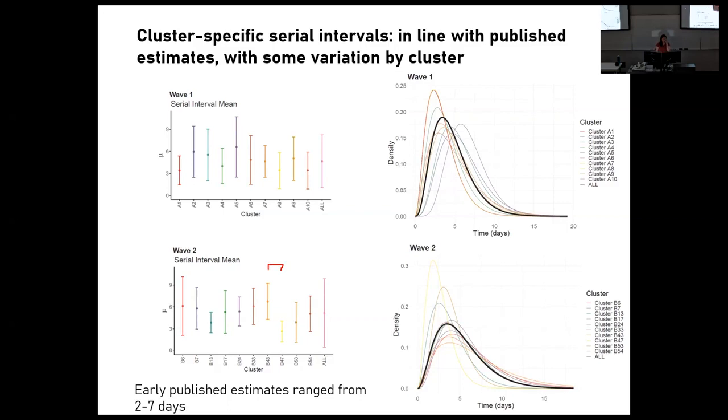I'm trying to come up with a good way at the moment to think about this, because just because the confidence intervals overlap doesn't mean there's not a significant difference, and to summarize it given that we have estimates of the mean with confidence intervals and the standard deviation with confidence intervals. But anyway, we're seeing a bit of a difference. In general, these are in line with other early published estimates for wild type SARS-CoV-2, but with some variation starting to show.